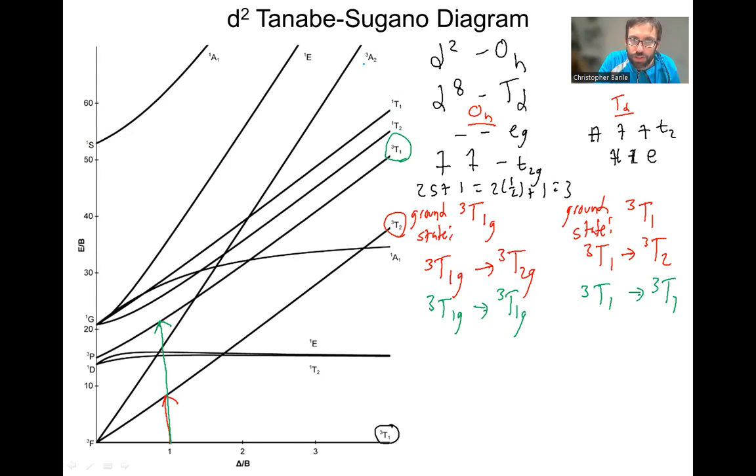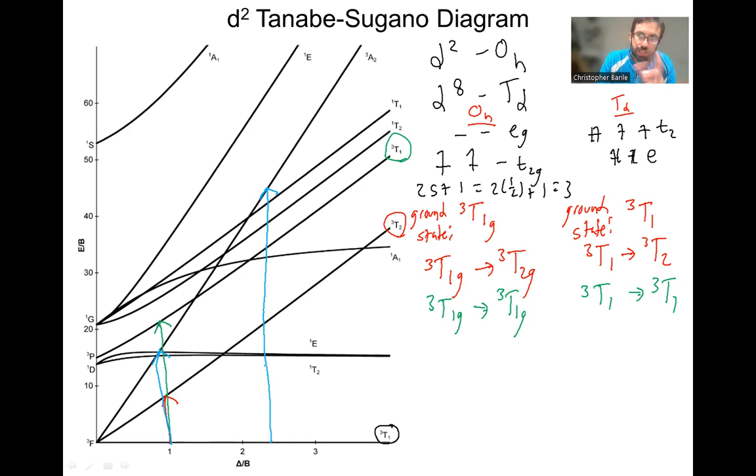All right, and then do we have any other ones? We do. We have a triplet A2. And so that one is coming down here. At this ligand field strength, this would actually be intermediate energy. But you could see that if we're at a higher ligand field strength, just because of the slope of this line, that would be the highest energy.